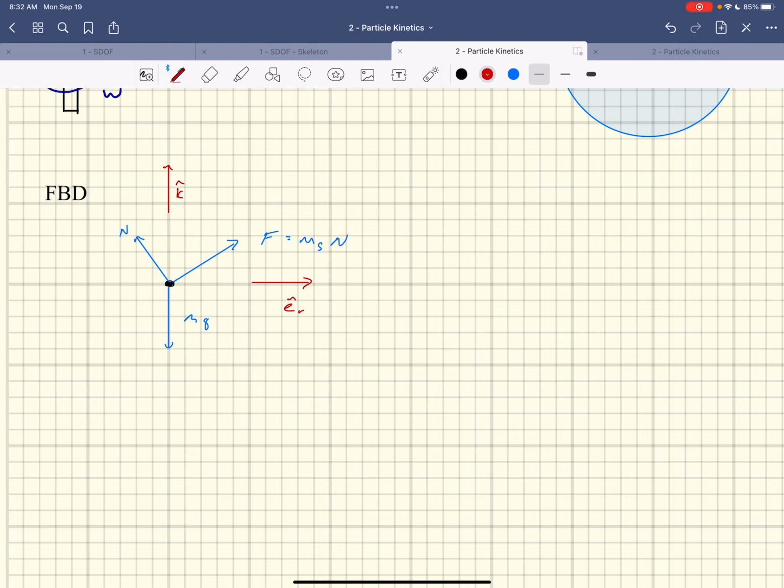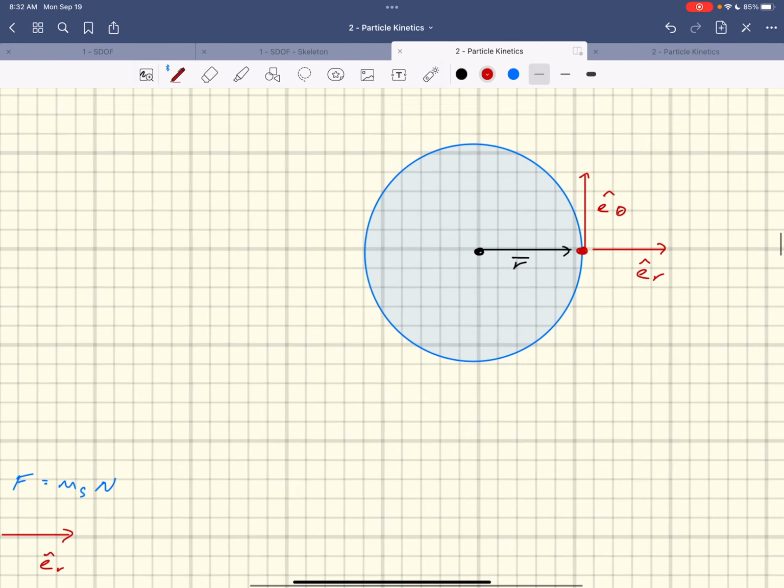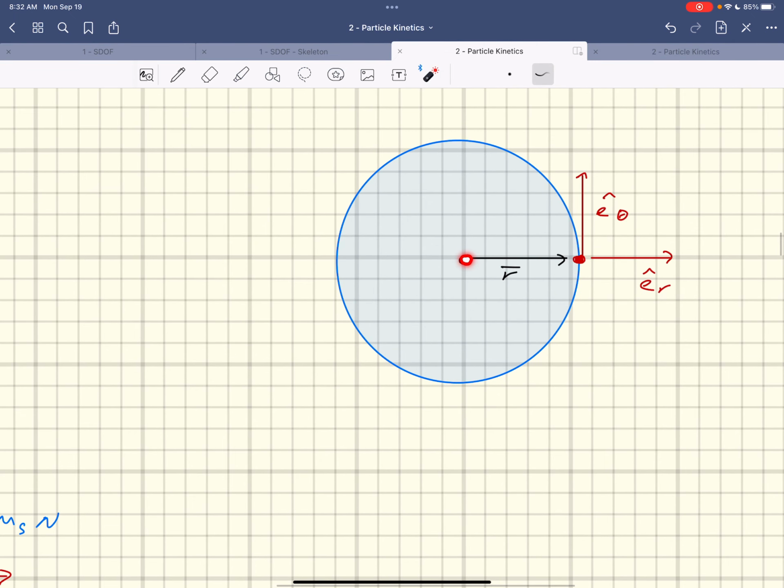No, it has to be ER. It's only going to be ER coming out because, if you're at the origin, R points to that point. It goes out to there, and then ER just keeps going with that. And then E theta is always perpendicular to it, so it's going that way.